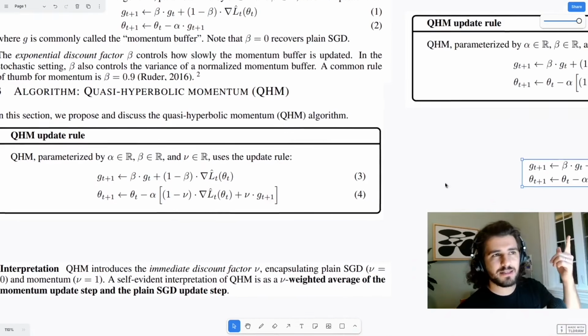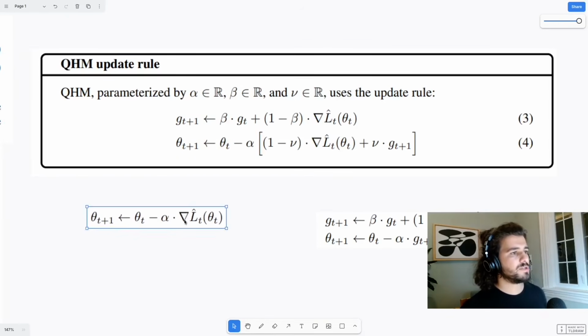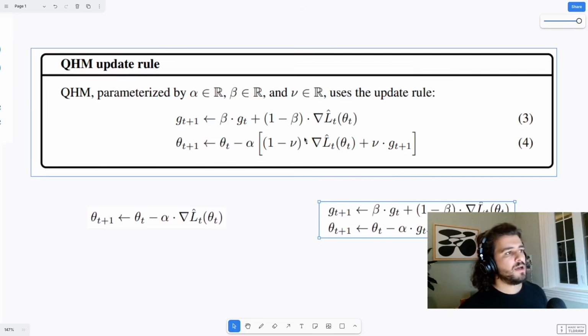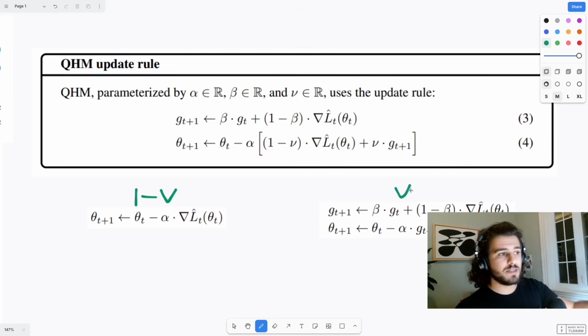Let's take a look back at stochastic gradient descent. So here we have both of them. You have stochastic gradient descent here, and then we have momentum here. What the V is actually doing is taking an average between what would happen if we were only following stochastic gradient descent, and what would happen if we were only following the momentum step, because momentum is this, and stochastic gradient descent is this.